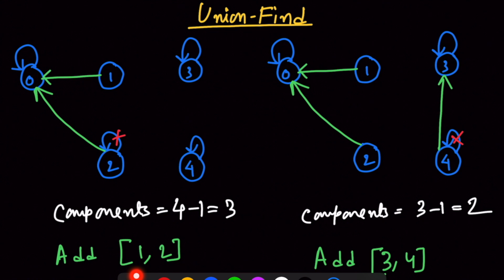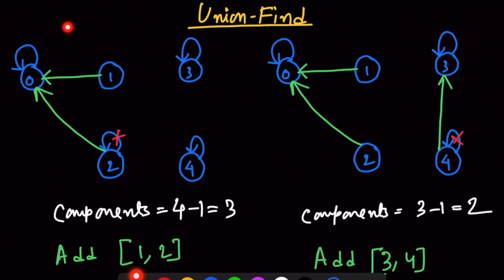Now one thing to notice here: I was adding the edge 1, 2. I could have just pointed 2 to 1, so the parent of 2 could have become 1. What was the problem there? There was no problem, but this is an optimization we are doing because we need a representative of this component.